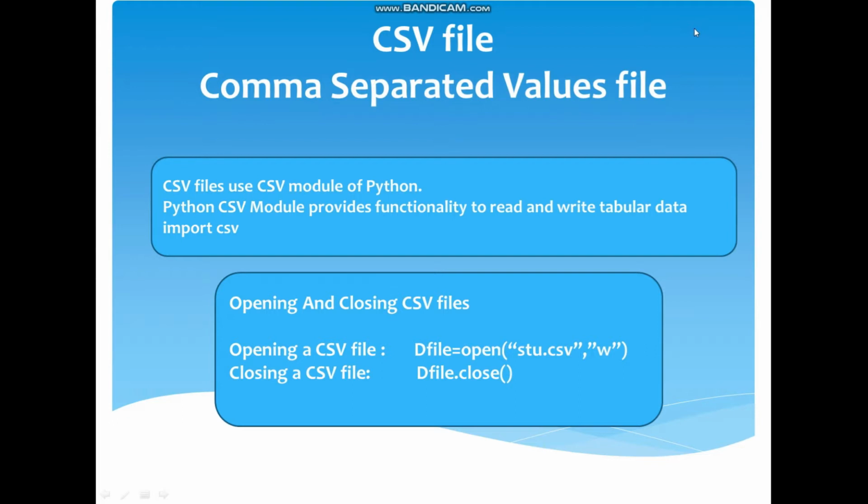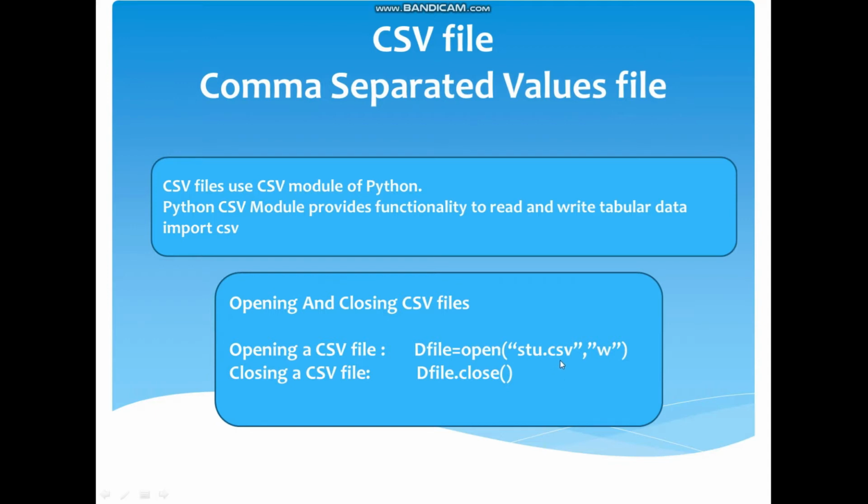Similar to the txt file that we have already learned, you can open and close a CSV file with the same format, that is object equal to open, name of the file and the mode of the file. See here, d file open stu.csv.